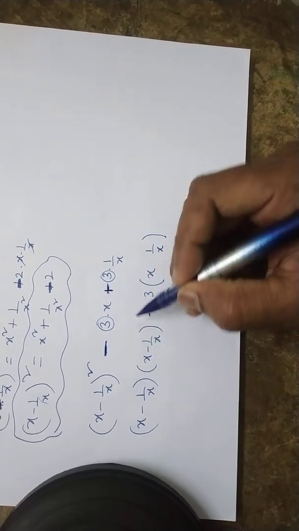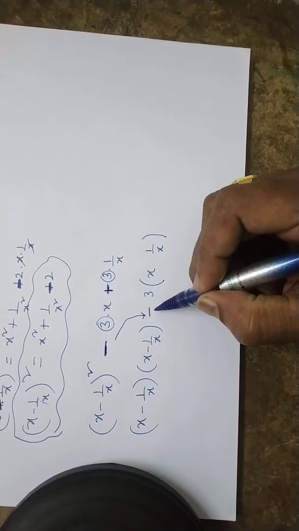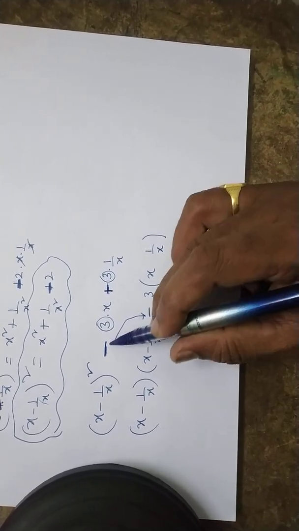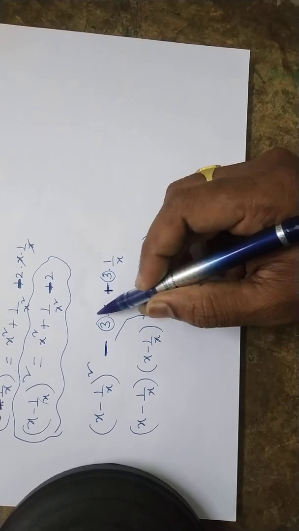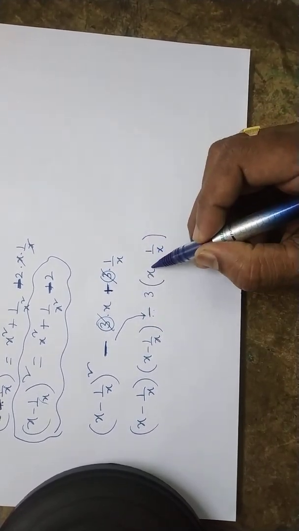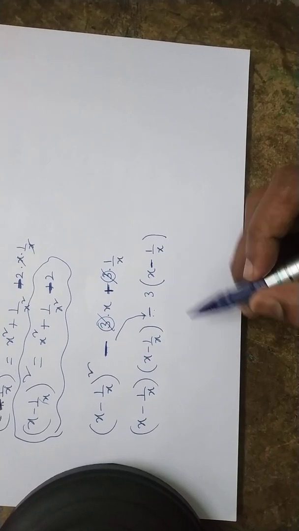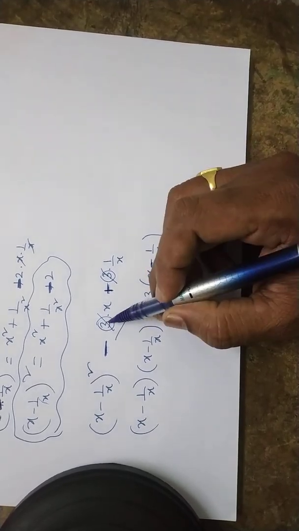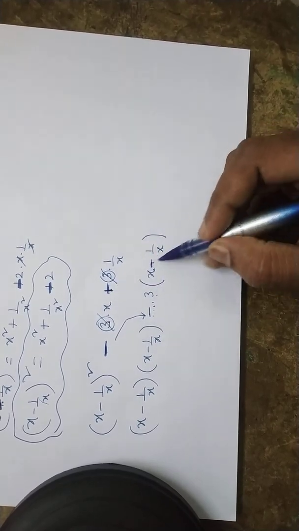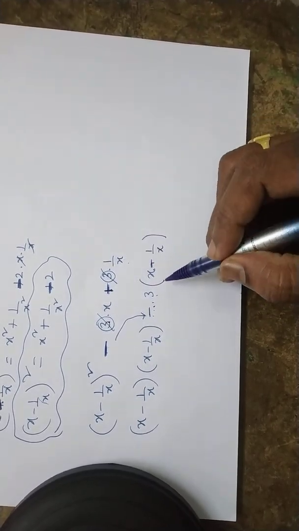Always don't forget, the same operator will come here. Plus means plus, minus means minus. I have taken 3 as the common factor, x and 1 by x left out. So now if I keep minus, what will happen? Let me see. Minus 3 into x equals minus 3x, verified. Minus into minus is plus, so 3 into 1 by x equals 3 by x, so satisfied.